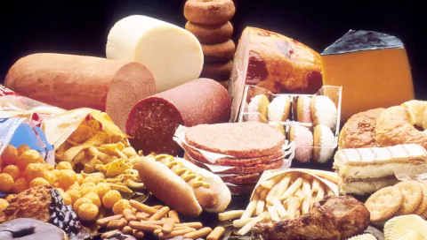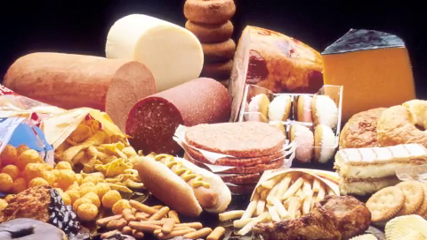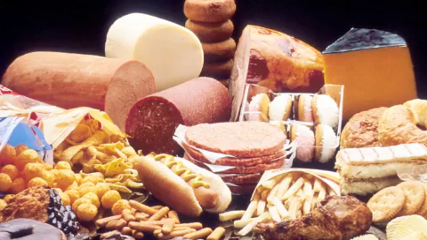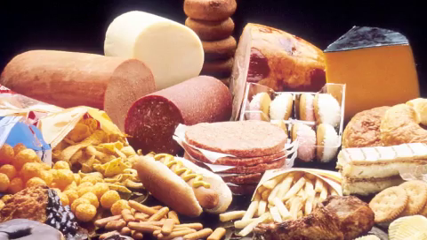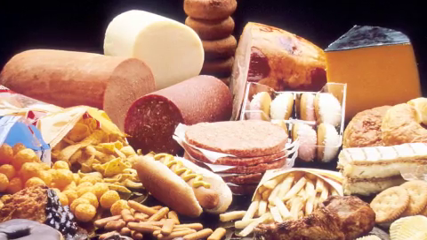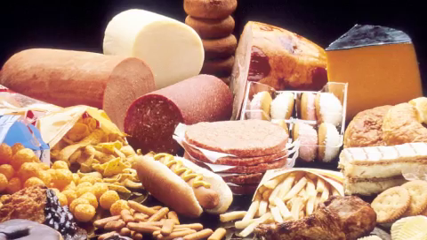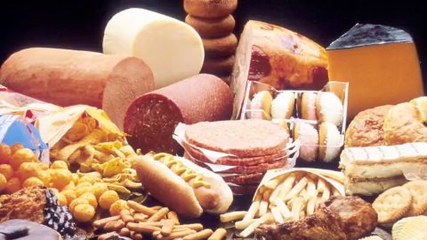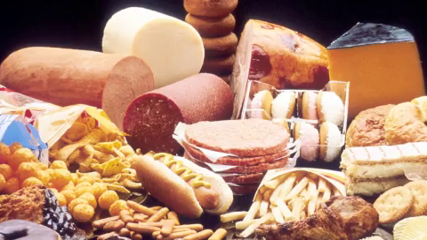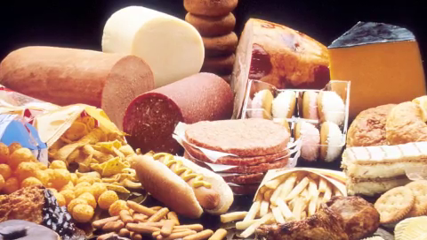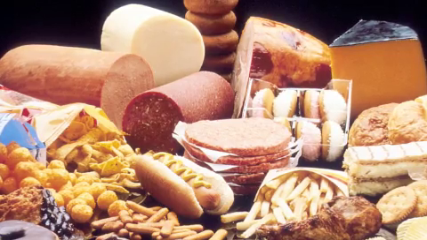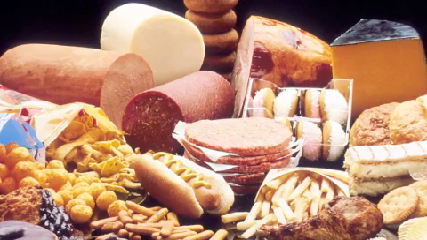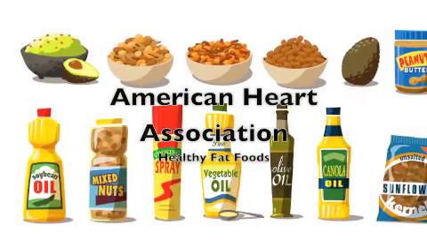Here's an example of pretty much the wrong kind of lipids, or the unhealthy, full of the saturated fats, or just the saturated fats. Next slide coming up is going to be what the American Heart Society considers healthier fat or lipid solutions.